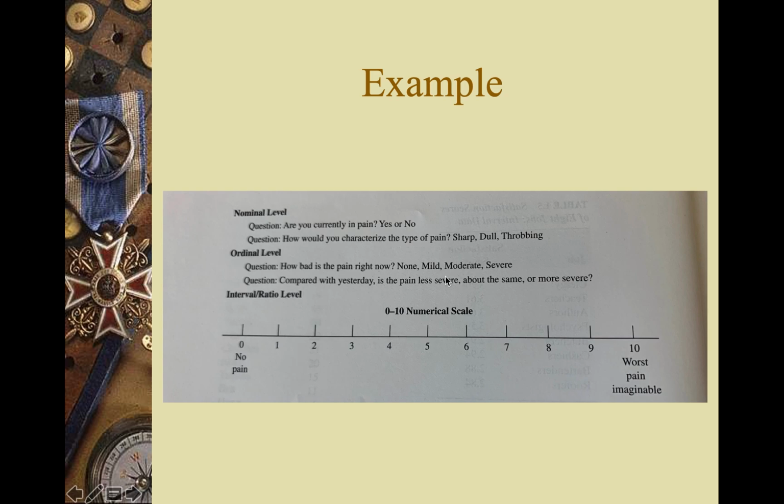As you can see, the categories here are in a particular order, compared to here, where they're not in an order. And then interval or ratio. An interval would go from 1 through 10. A ratio variable could go from 0 through 10. So it really depends what kind of statistics you want to be able to run. That's why it's important that you know this, so you can write your questions correctly if you were to do a survey.